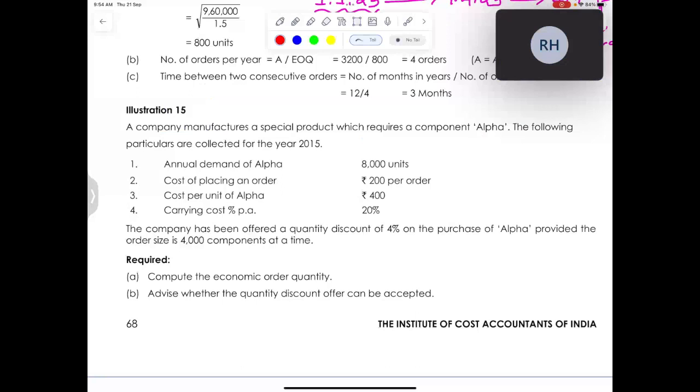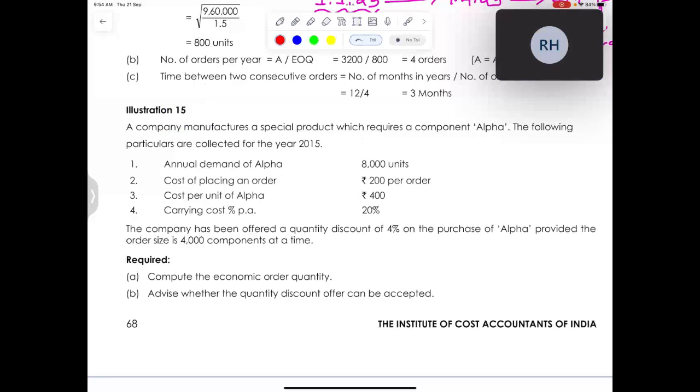Annual demand of alpha. Can you replace the word alpha with some other word? So actually, alpha is the raw material. Alpha और कुछ नहीं है, raw material ये. तो मेरा annual demand of alpha है 1000 unit.